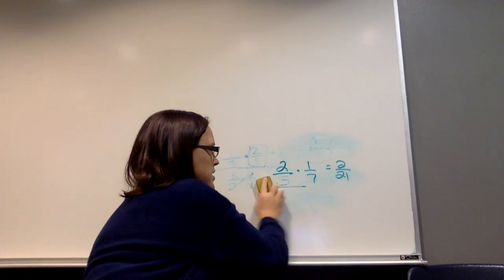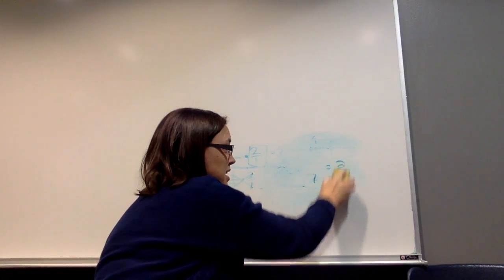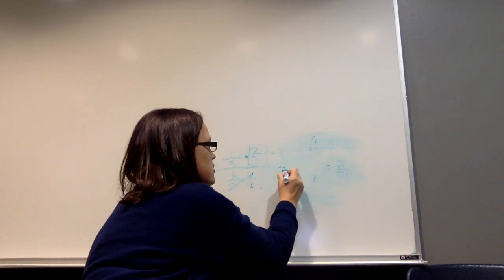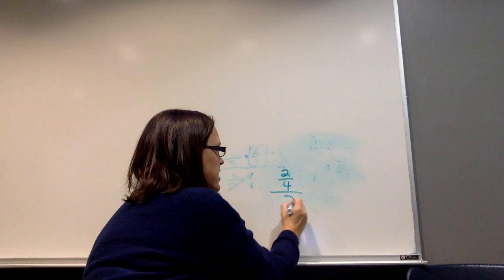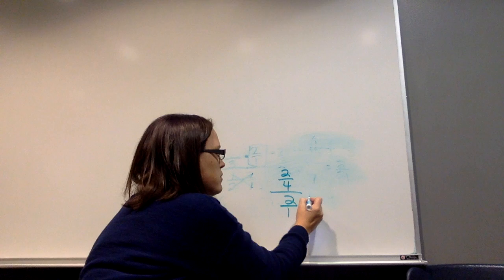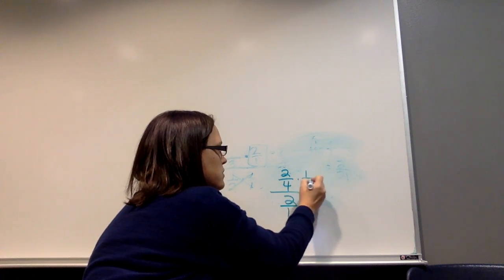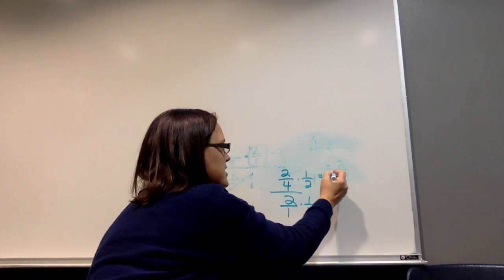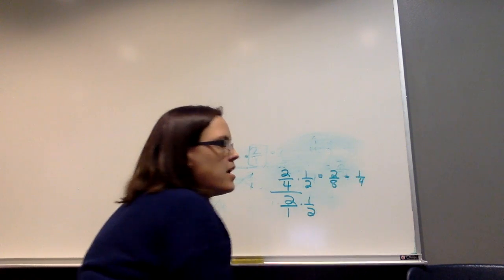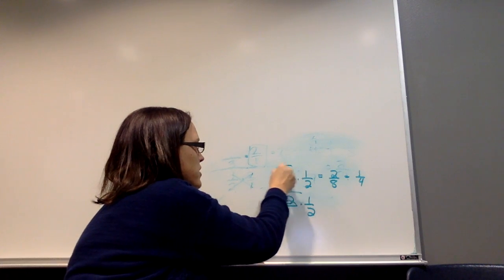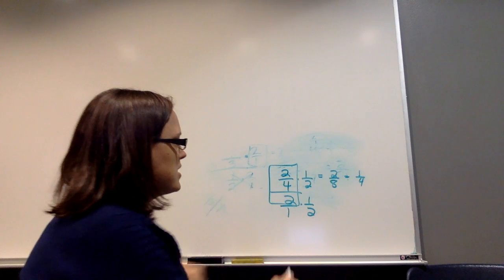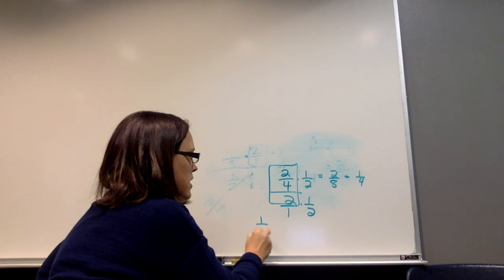For letter 2B, I realize sometimes we get caught in using a strategy and we forget that sometimes we can do these problems mentally. That's a good example for 2B, because it's 2/4 divided by 2. You certainly could make 2/1 and multiply by 1/2 to get 2/8, which is 1/4. But I want to back up and just have you think about what the original problem said. 2/4 could be reduced to 1/2.